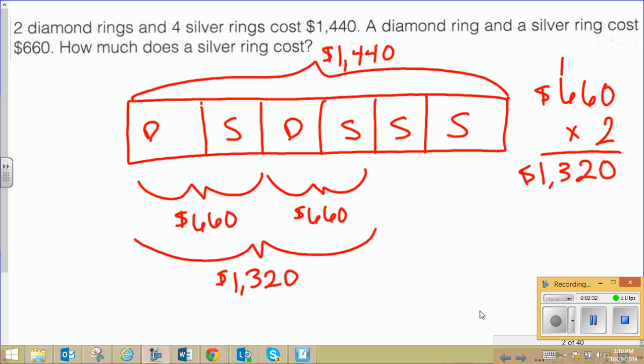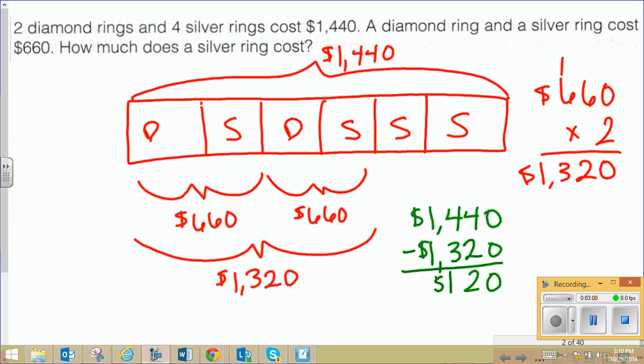We now have two silver rings remaining without a cost associated. So we have a total and we have one part. In order for us to find that missing part, we can find the difference. That tells us that two silver rings cost $120.